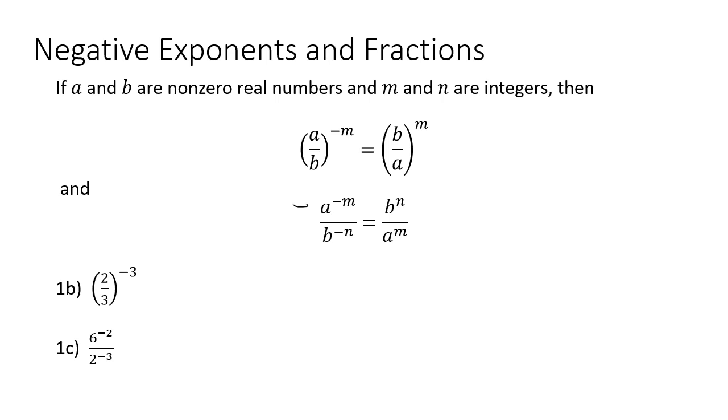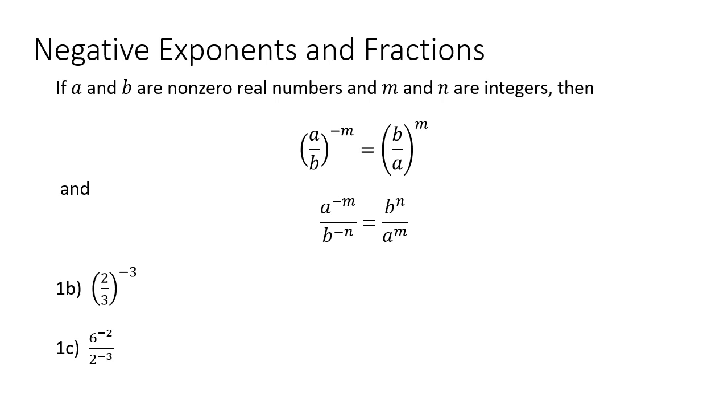The other property is that if you have a fraction with a negative exponent on both top and bottom, then basically both just flip spaces. This is just a combination of both of the properties on the first slide. The a to the negative m comes down to the denominator as a to the positive m, and the b to the negative n in the denominator comes up to the numerator as b to the positive n.